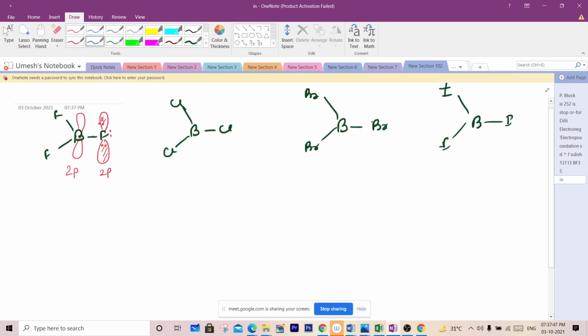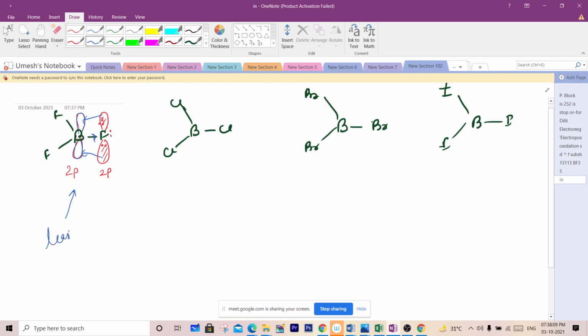Due to the difference in electronegativity, it withdraws electrons, but it makes effective back bonding. Double bond character is formed. So the emptiness here is filled. There's no more empty orbital, so it does not have any more tendency to accept an electron pair.